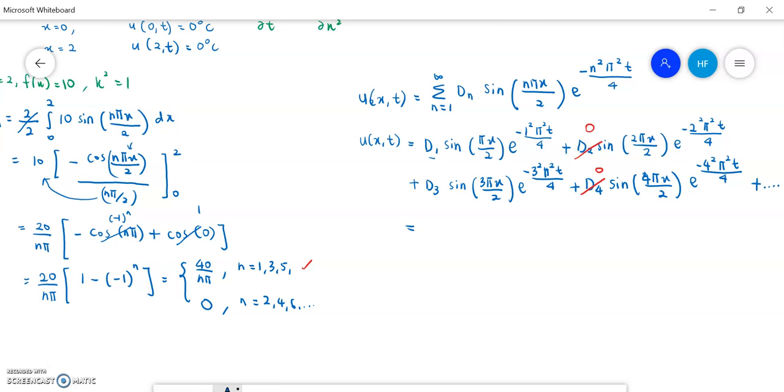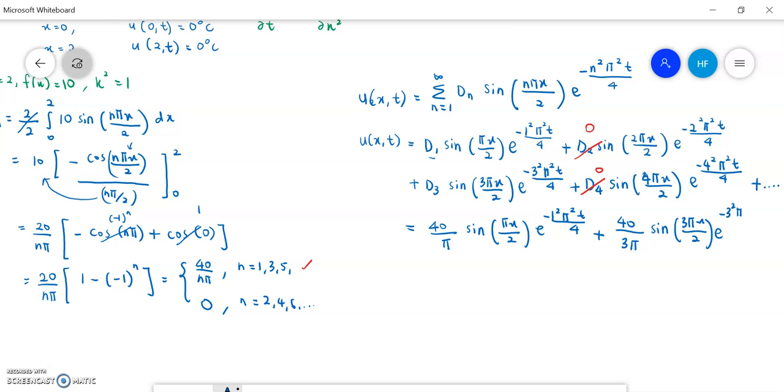So if we write this, for D1 we have 40 over π, plus 40 over 3π, and so on.